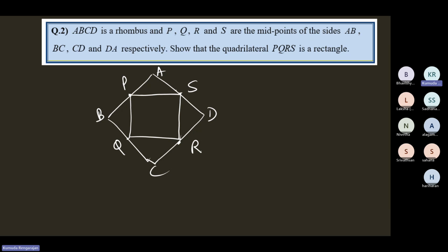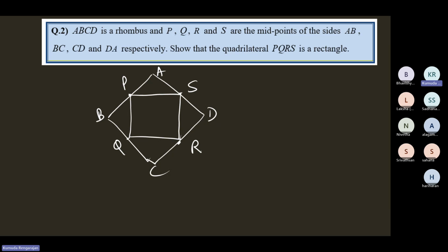So if the outside quadrilateral ABCD is a rhombus, and we get PQRS by joining the midpoints of the sides of the rhombus, then this new quadrilateral is a rectangle, is what we have to prove.